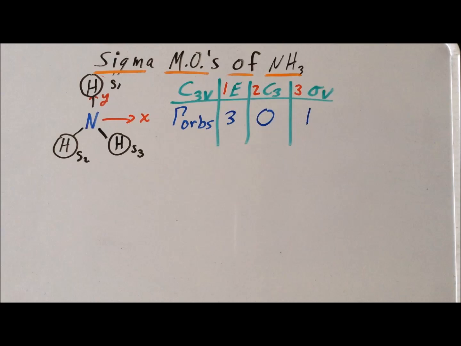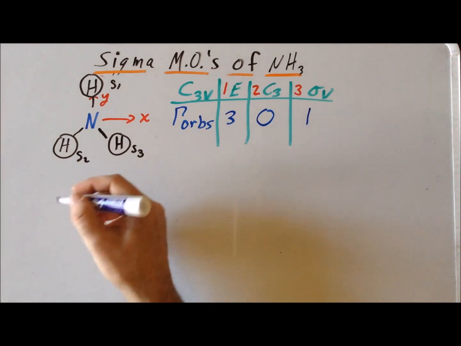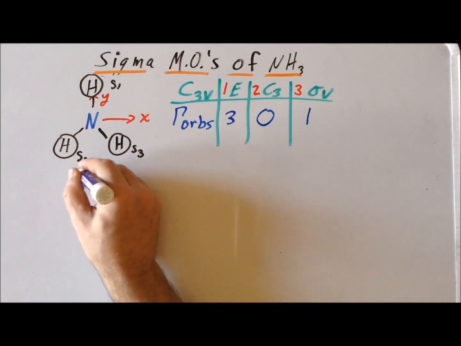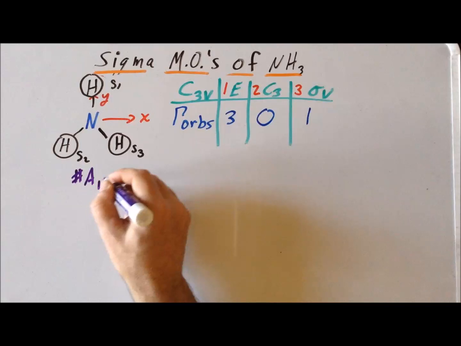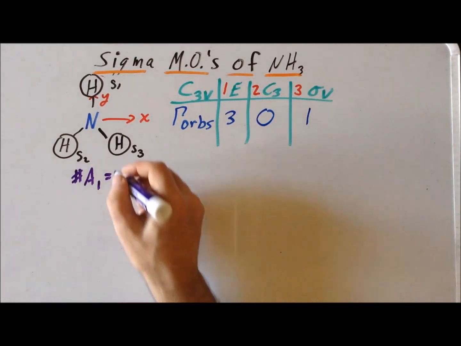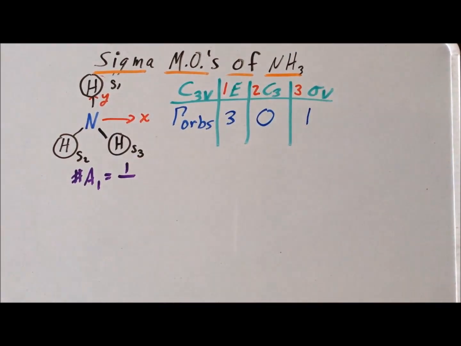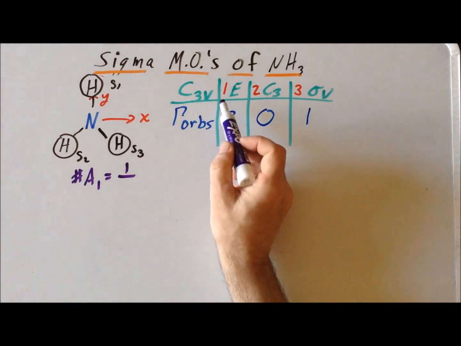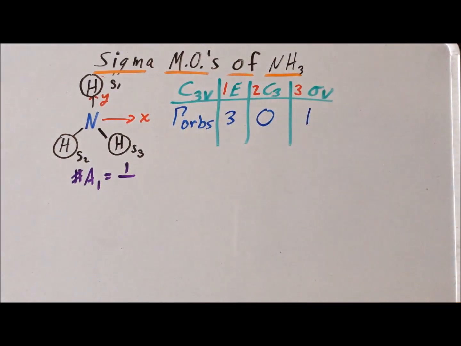Our next step is to reduce the reducible representation gamma orbs into a linear combination of irreducible representations from the point group C3V. The first such irreducible representation is A1. And in our reduction formula, the first step is to have a factor 1 over the order of the group. Since there are 1 plus 2 plus 3 equals 6 symmetry operations for C3V, the order of the group is 6.